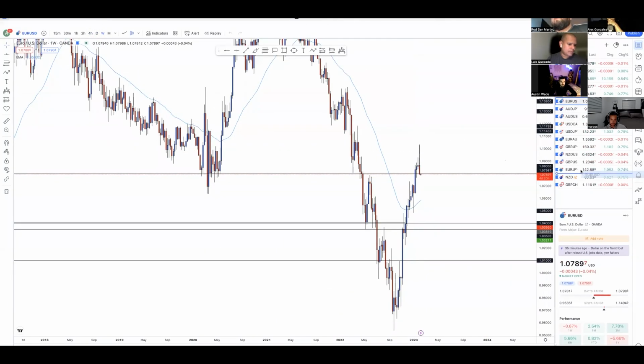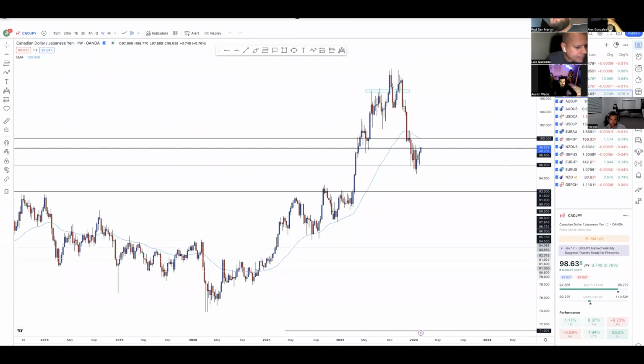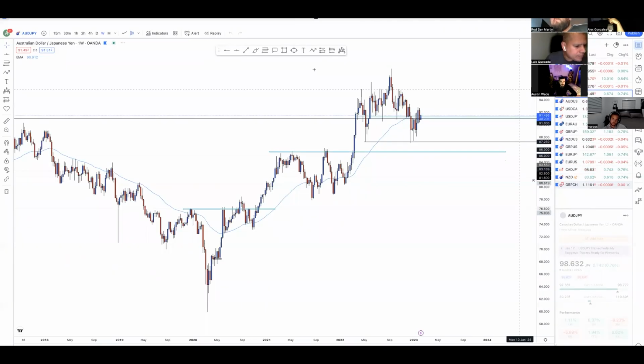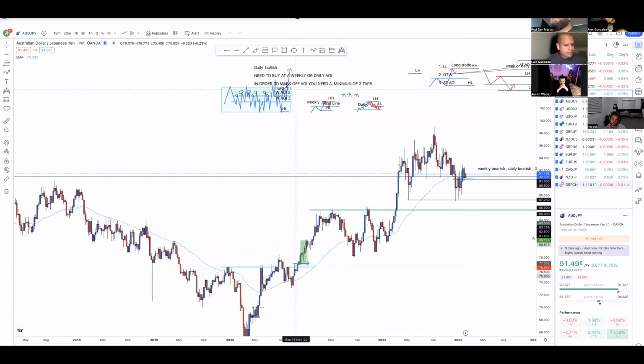I'm good. AUD JPY. Already threw CAD JPY down. AUD JPY. What the fuck is all this? Hey, having all these things.